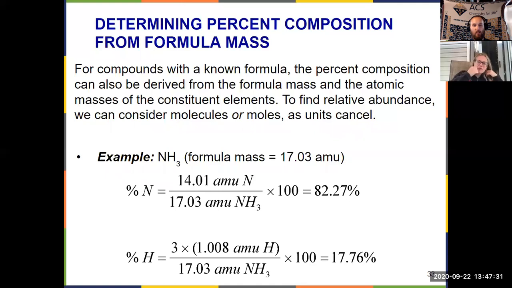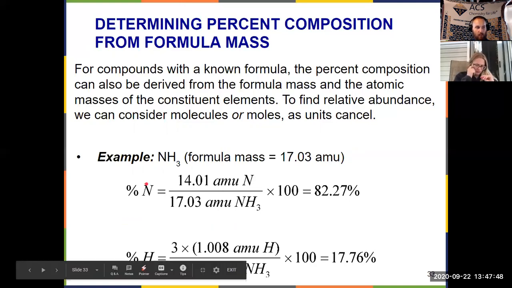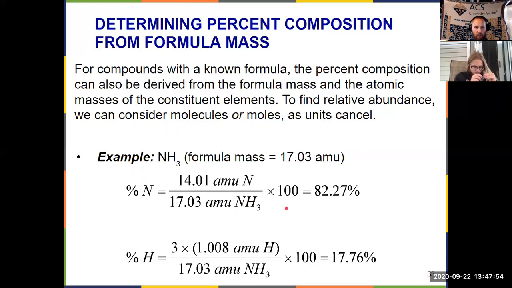Take the 1 nitrogen multiplied by its atomic mass, 14.01. Take the 3 hydrogens, multiply them by 1.008, atomic mass of hydrogen. Add those together, you get 17.03. Then to find your percent nitrogen or your percent hydrogen, just take their respective masses, divide it by the overall molecular mass, multiply it by 100 to get a percent.